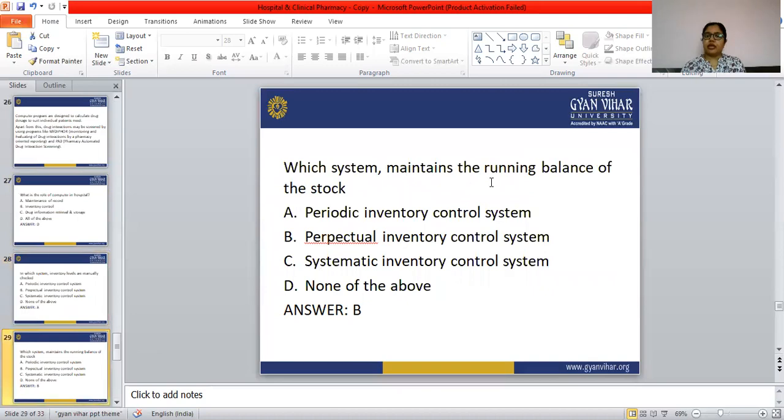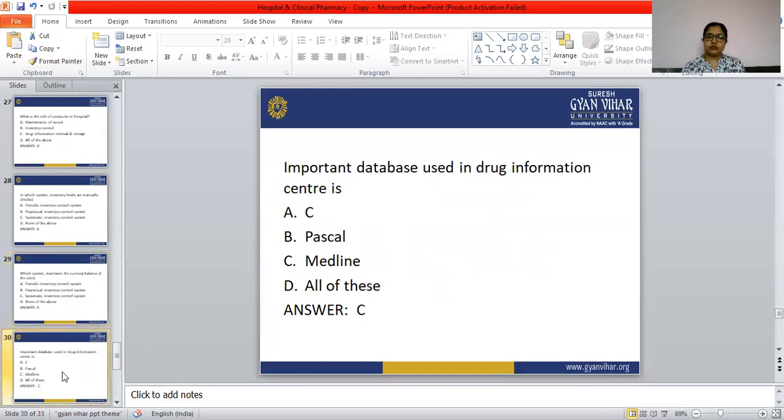Which system maintains the running balance of the stock? The perpetual inventory control system maintains the running balance of the stock. An important database used in the Drug Information Center is Medline. Medline is the important database used in the Drug Information System.